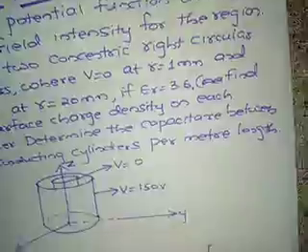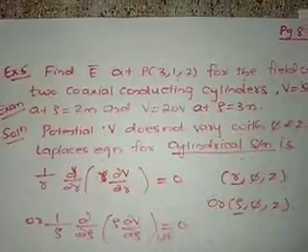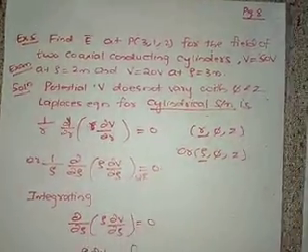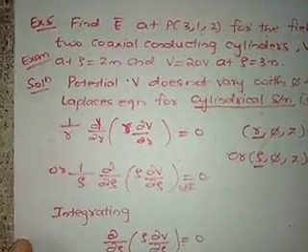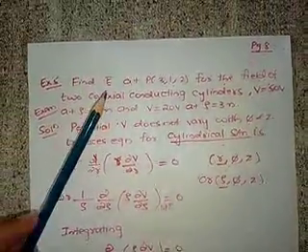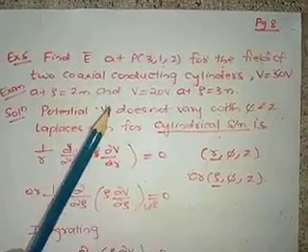Next we will take one more example. In this example, find E bar at P of (3, 1, 2) for the field of two coaxial conducting cylinders, V equal to 50 volts at rho equal to 2 meters and V equal to 20 volts at rho equal to 3 meters. We are asked to calculate the electric field intensity E at P of (3, 1, 2) for the field of two coaxial conducting cylinders.